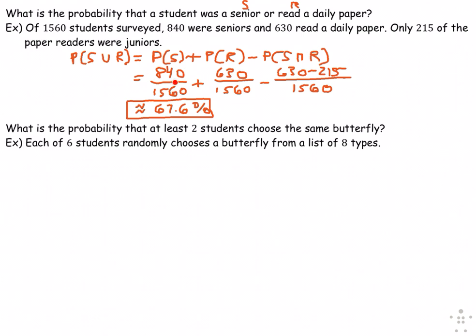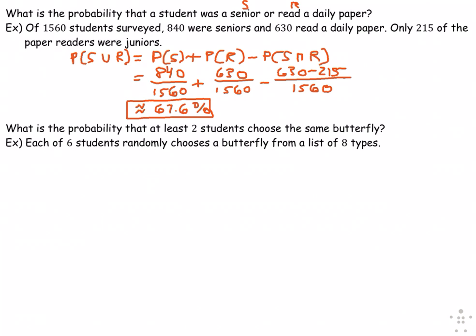There are 840 seniors out of the 1,560 students surveyed, plus there were 630 readers out of all those surveyed, and then minus, now we're only told about 215 of the paper readers were juniors, so then the complement of that, so 630 minus 215 is going to be the number of seniors who also read the paper. So we get the probability of selecting a senior or a paper reader is 67.6%.